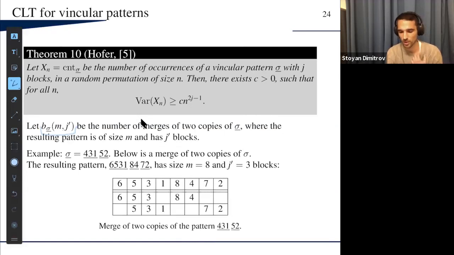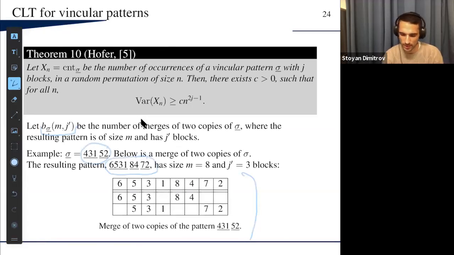So basically what we want is when we merge 2 patterns with J blocks to get a pattern with 2J minus 1 blocks. And here is one example. This permutation has 2 blocks, and the resulting pattern after the merge, this one, has 3 blocks.